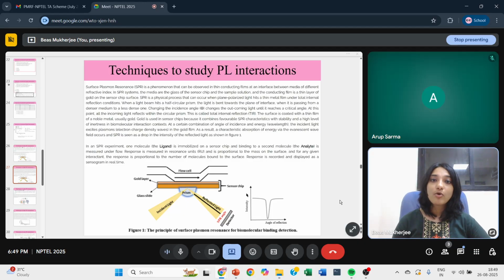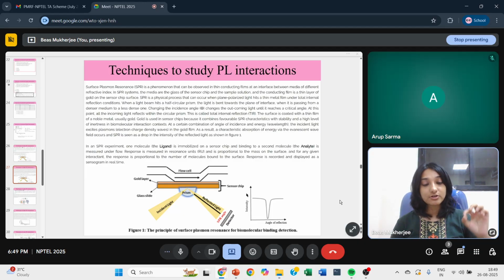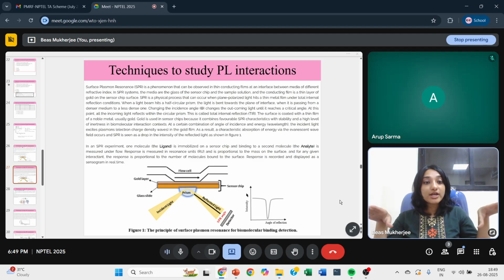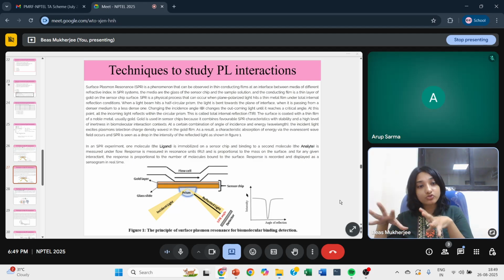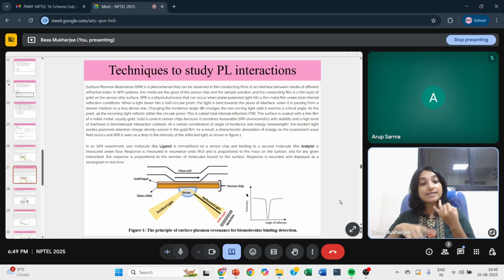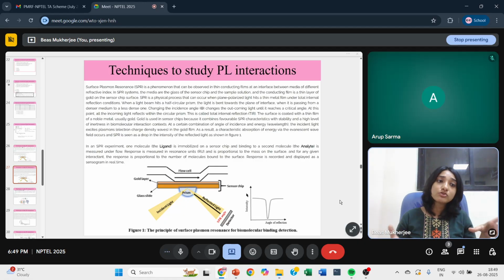Now at a certain combination of angle of incidence and wavelength, the incident light excites plasmons. Now I was telling you, what is a plasmon? Why is gold used? Because gold has a lot of electrons on its outer surface. It's a very good conductor. It is extremely inert. That means there are a lot of free electrons on its surface.